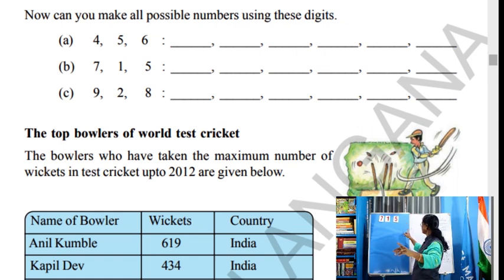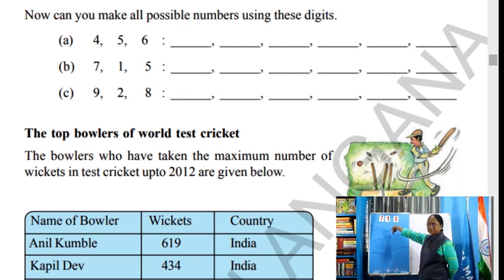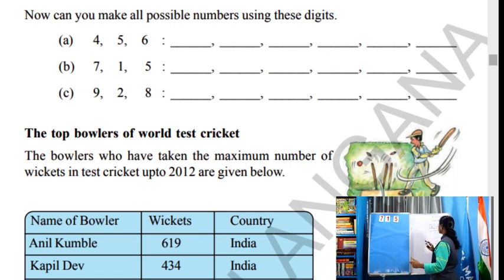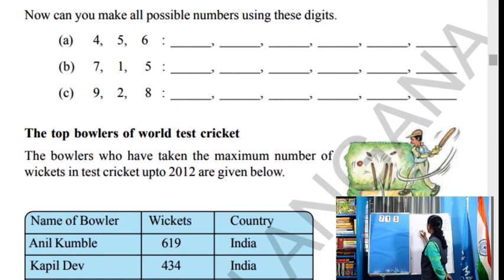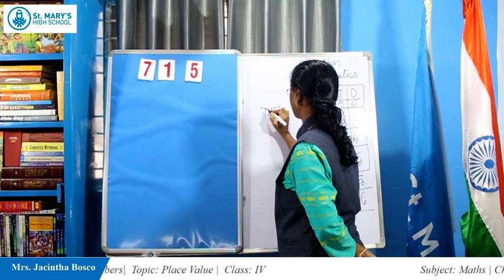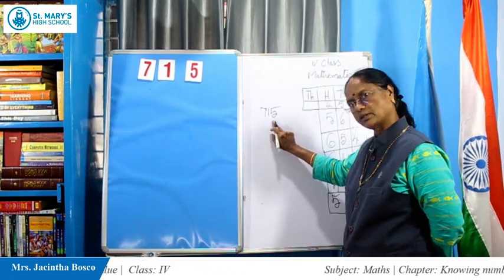If you are able to make a few more from the first one, you do it. Now I am taking the second question B, 7, 1, 5. How to make? Can you make it, children? 715. Yes, I am writing it here.